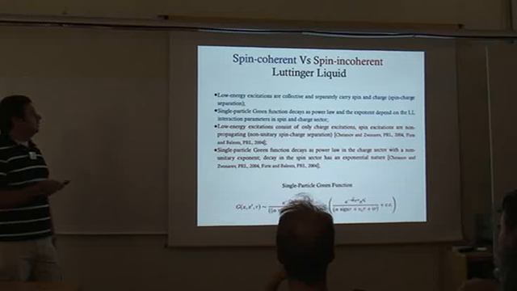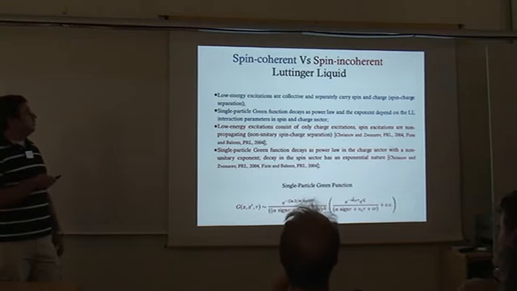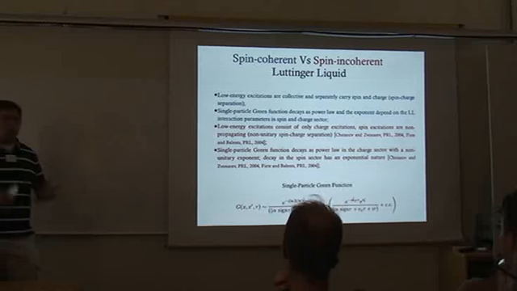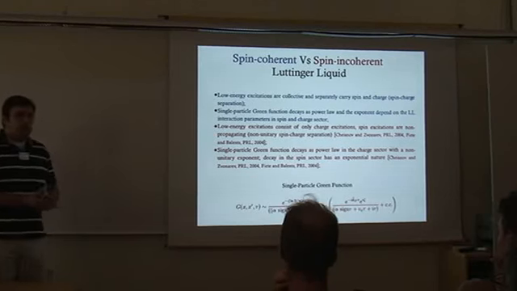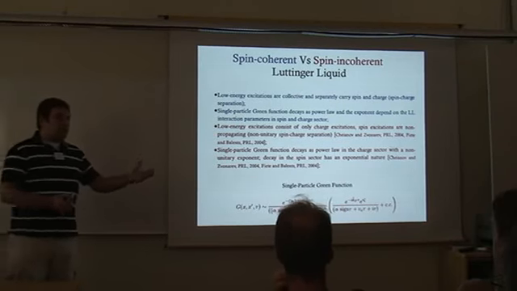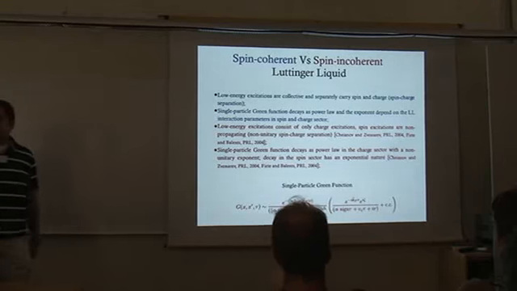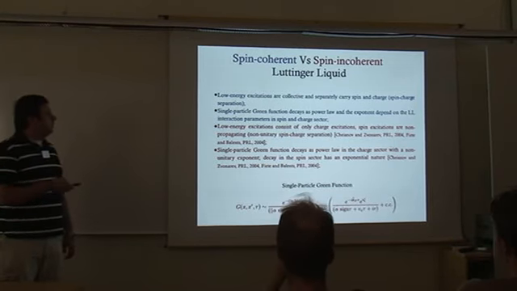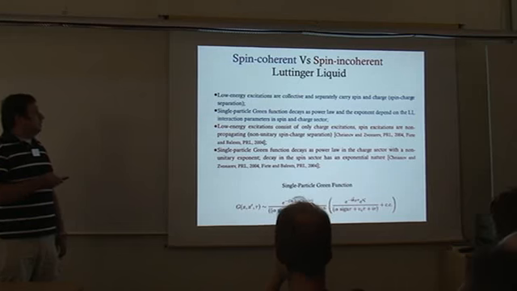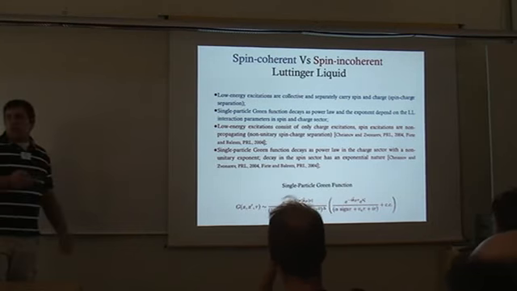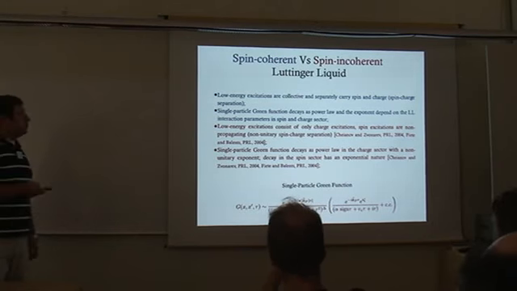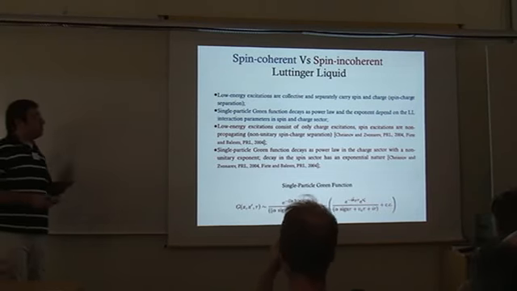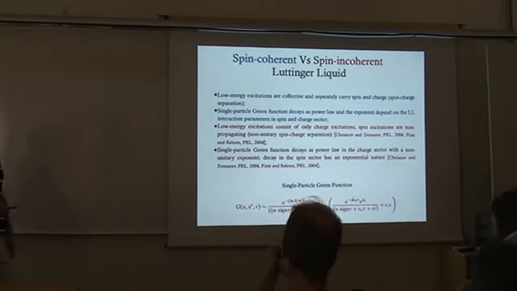As I said, in an ordinary Luttinger liquid, one has collective excitations. They separately carry spin and charge. Both of them are coherent and they propagate through the system. So if you create some excitations, you will see spin and charge waves going at different speeds. But in the spin-incoherent case, there are no spin excitations in the system anymore, only charge excitations, and then there is so-called non-unitary spin-charge separation in the system.